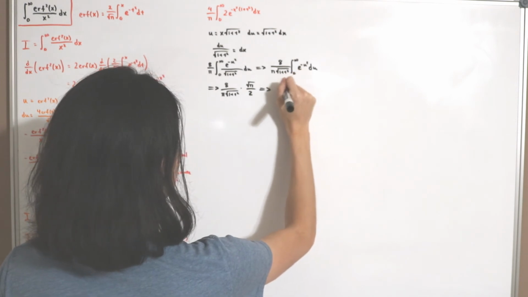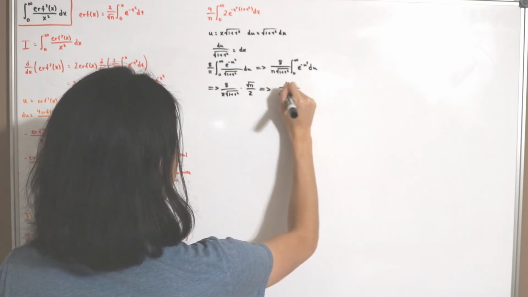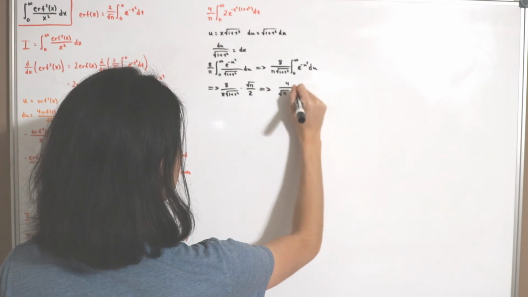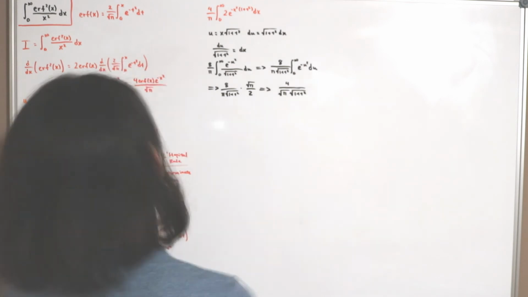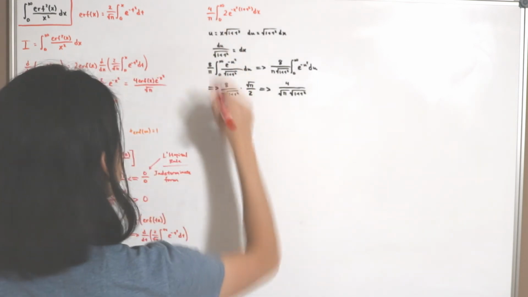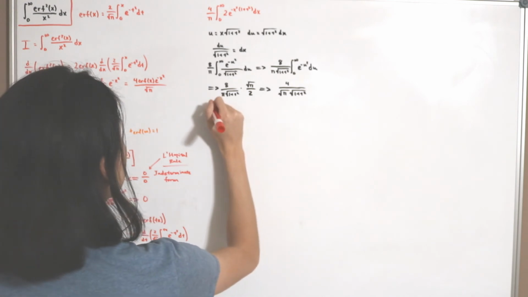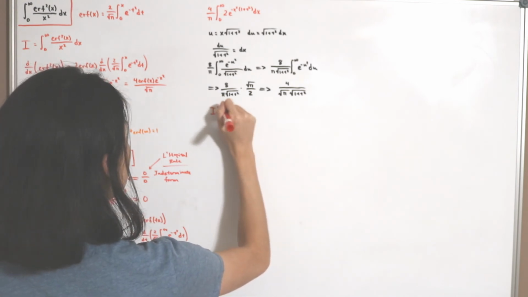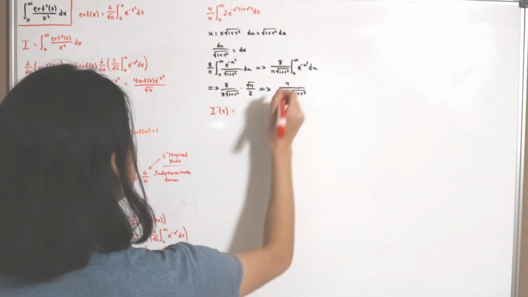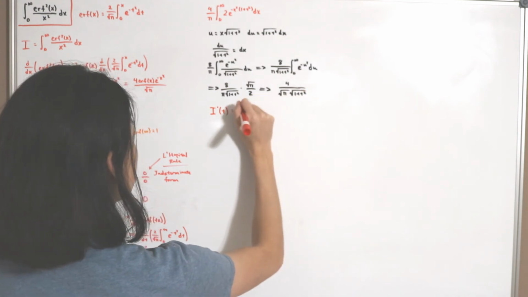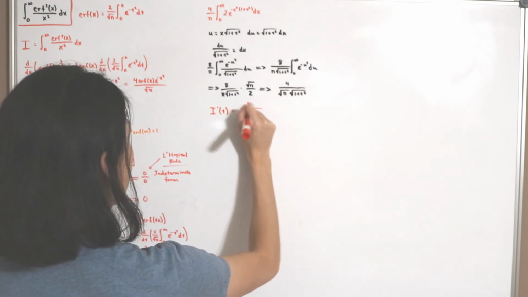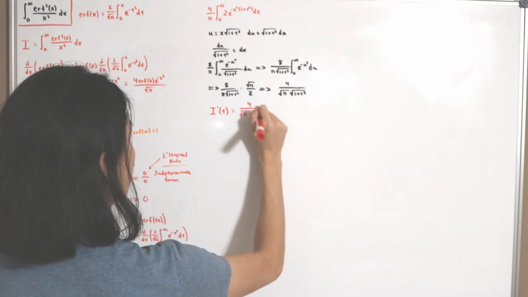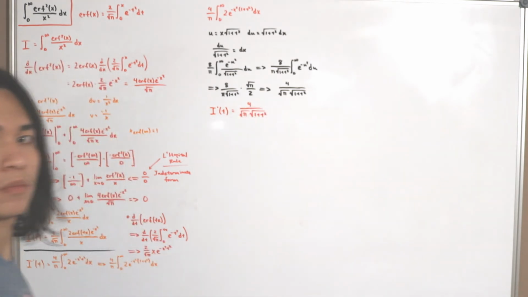So it's 4 divided by the square root of pi multiplied by the square root of 1 plus t squared. So going back, we established that I prime of t is equal to 4 divided by square root of pi, and then square root of 1 plus t squared.